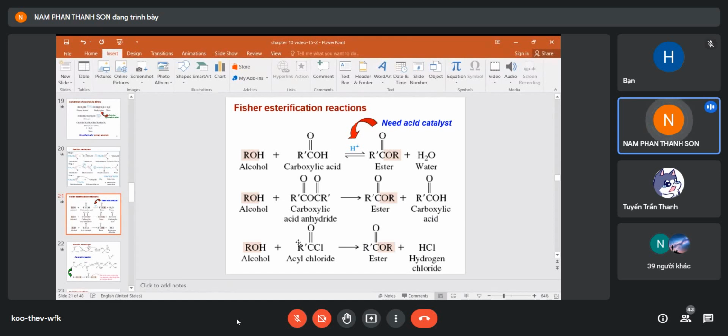Or you can use anhydride, carboxylic acid anhydride, or you can use acyl chloride, COCl. You know the mechanism: the C in the C double bond O is partially positive because the oxygen is electron withdrawing, and look at the oxygen in alcohol.